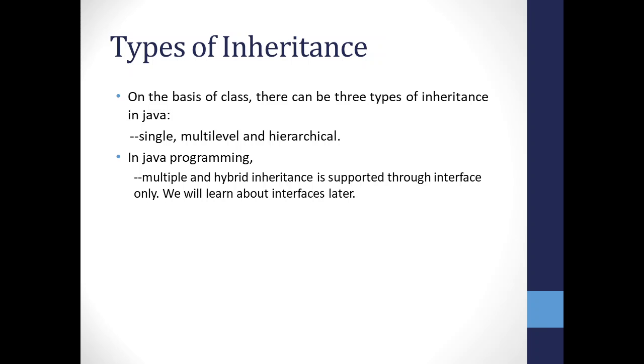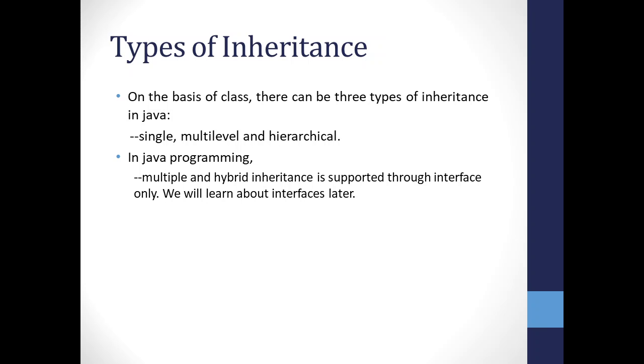Types of inheritance. On the basis of classes, there are three types of inheritance in Java: single inheritance, multi-level inheritance, and hierarchical inheritance. But in Java, multiple and hybrid inheritance are supported through the interface concept, which can be learned in later videos.